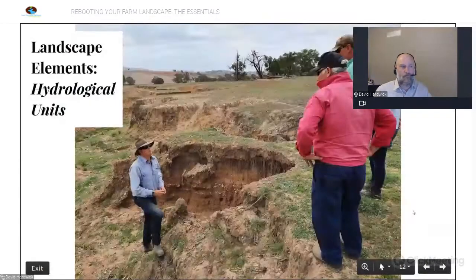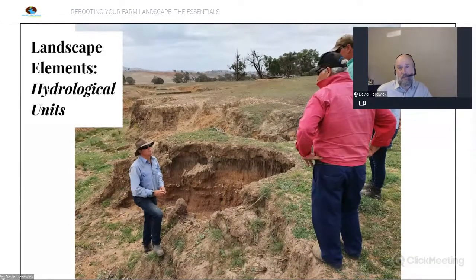It's also full of what we call hydrological units, and they're the other kind of parts to the puzzle when it comes to rural landscapes. So here's Peter Hazel from the Malone Institute with a group training session, and you can see he's standing in what used to be a drainage line, which is now a gully. And so that's what you might call one of the water elements, or water patches is another way of thinking of your hydrological unit.